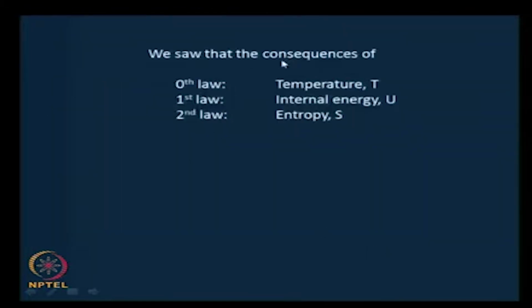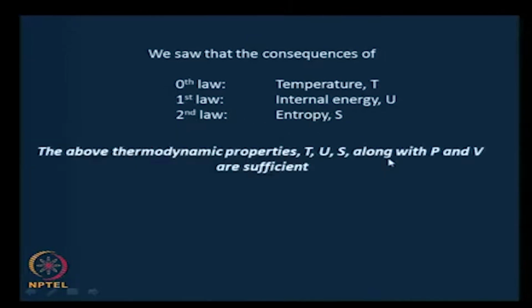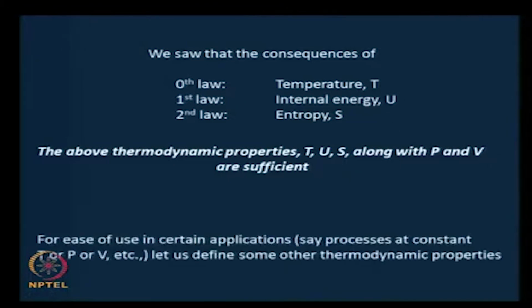We saw that the consequence of the zeroth law was temperature. It resulted in the useful variable temperature. The consequence of the first law is internal energy, and the consequence of the second law is entropy. We said that T, U, S along with P and V are actually sufficient to thermodynamically describe a system, whereas for ease of use in certain applications, say processes at constant T or P or specific volume, let us define some other thermodynamic properties.